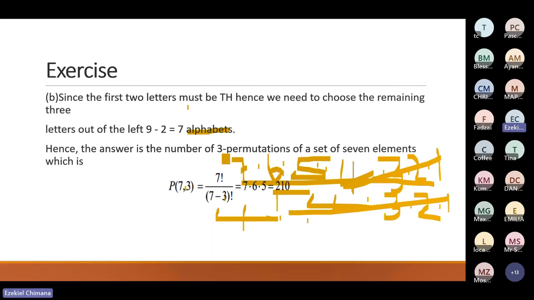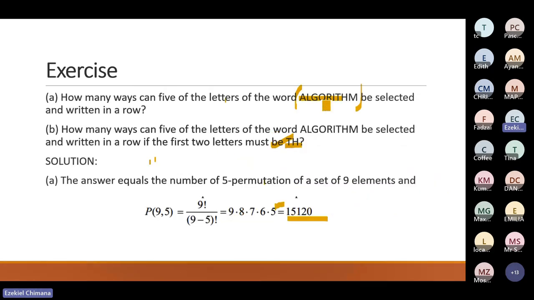Whenever we have repeating alphabets, like in algorithm here, if there was another M, what were you supposed to do?